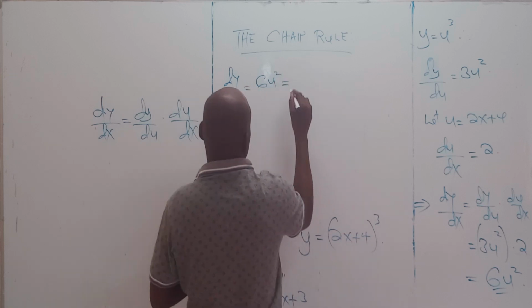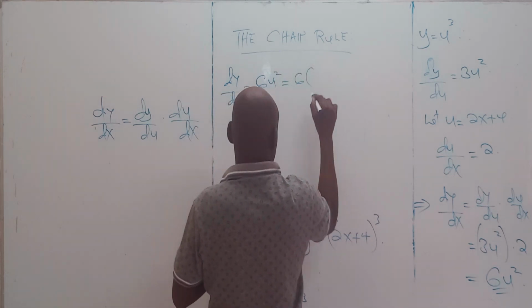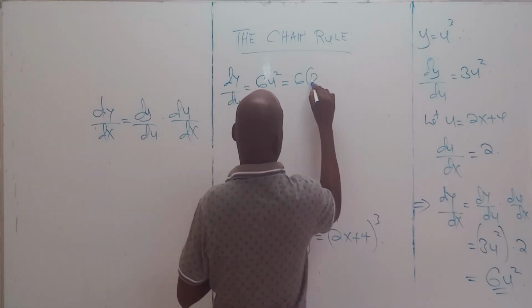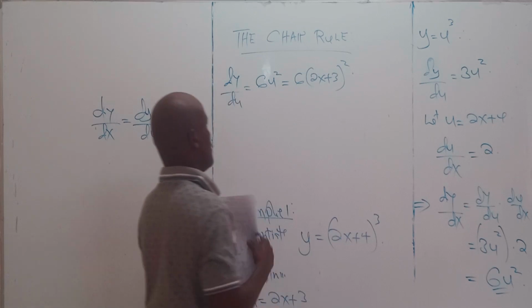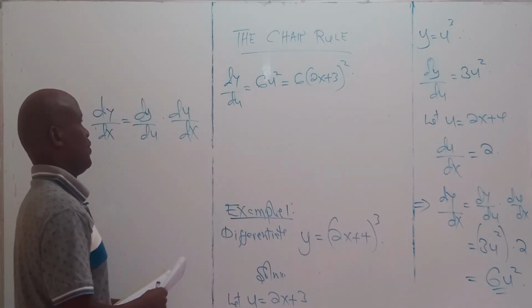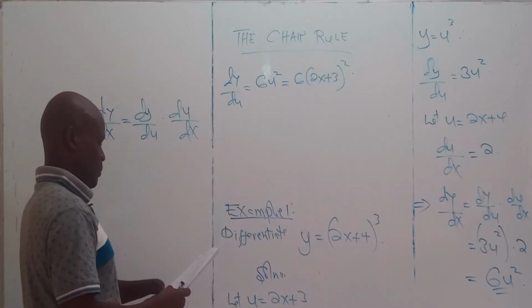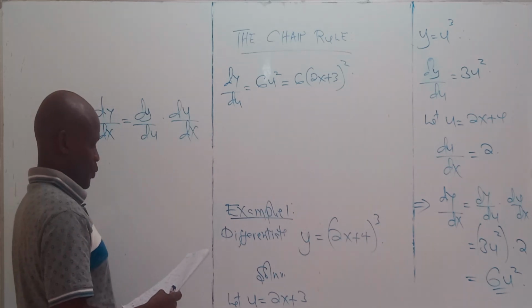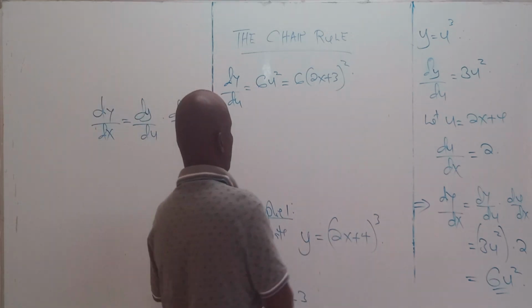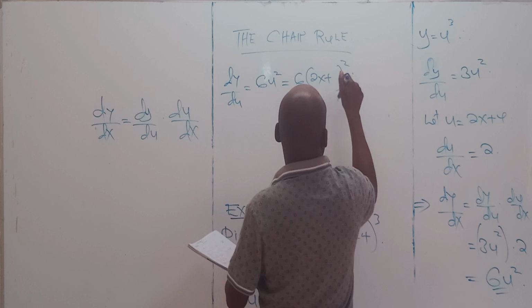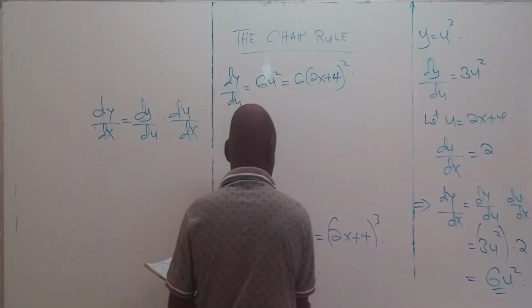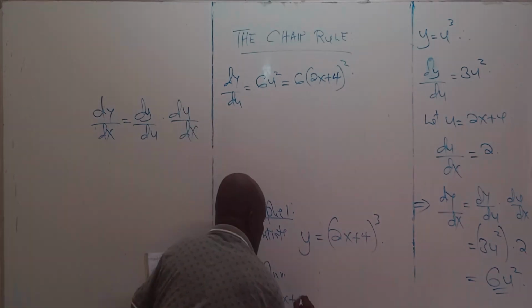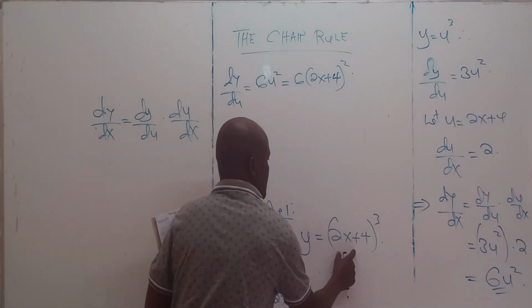And that's also equal to 6 into 2x plus 4 squared, since u is just all of this.